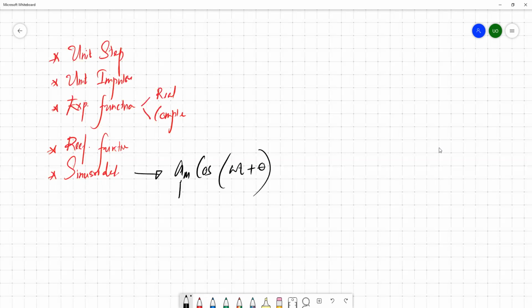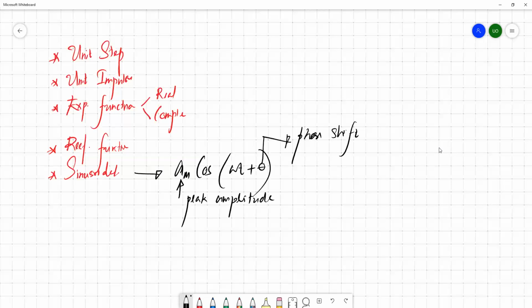This is the peak amplitude, and this is the phase shift.